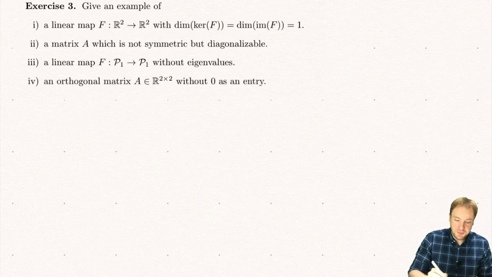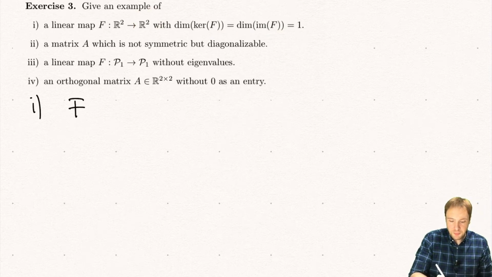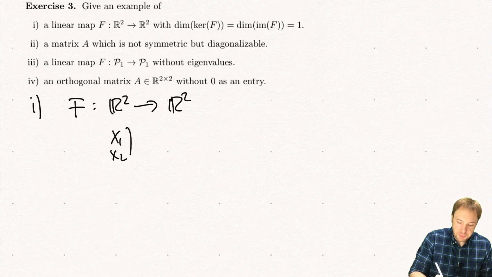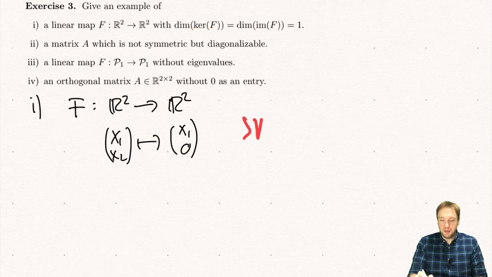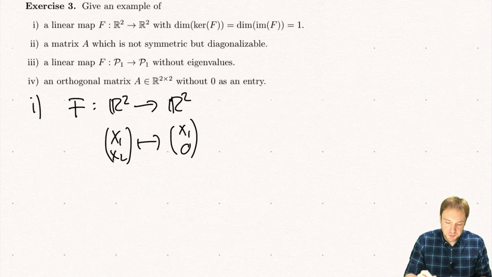For example, we could choose the simple map which just sends the vector x1, x2 to x1, 0. Then the kernel is the span of this vector here, and the image is the span of this vector here, and both of them are one-dimensional.